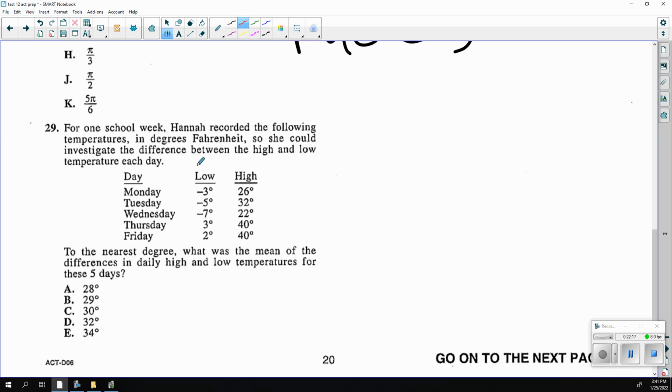For 1 week, she calculated so she could investigate the difference between the high and low each day. What was the mean of the differences for the 5 days? So subtract. Monday was 29. Tuesday was 37. 29 was Wednesday. 37 and 38.